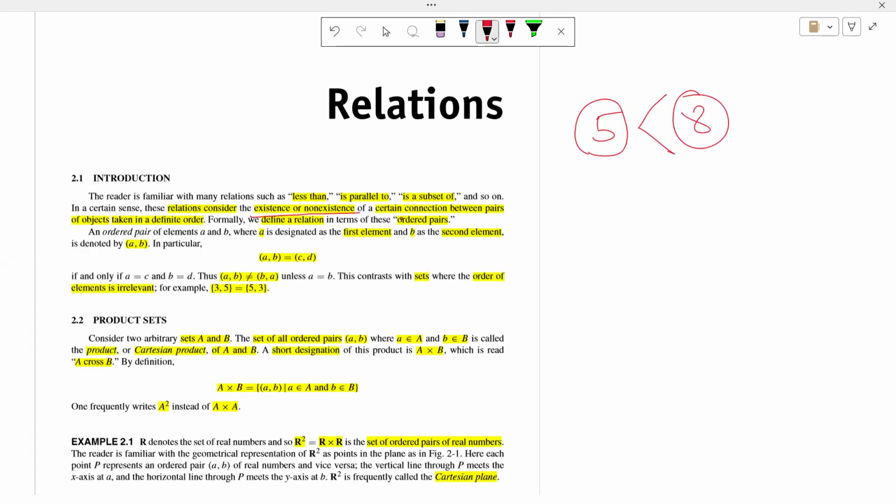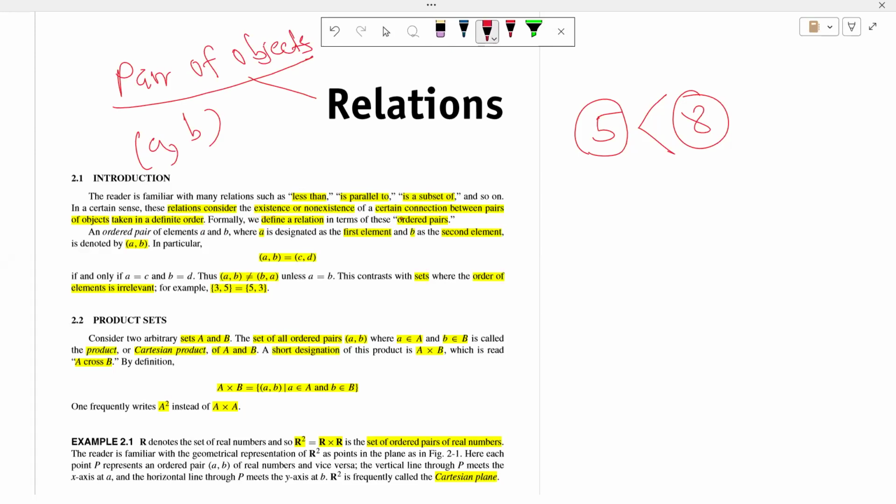Definitely it must be a pair of objects. To check the relation, it must be a pair. Pair means two elements, A and B. So you are checking the connections between a pair of elements, and that is what we call relations.